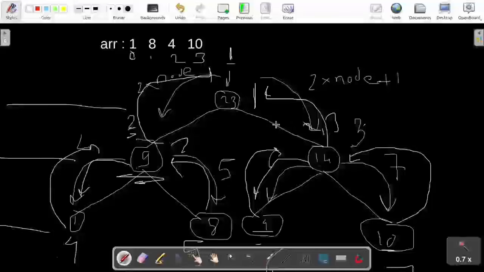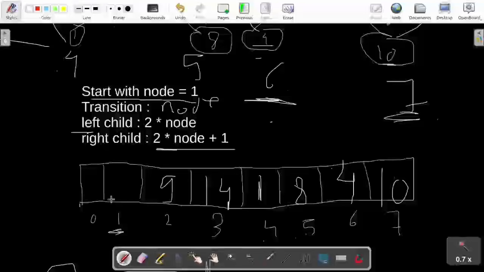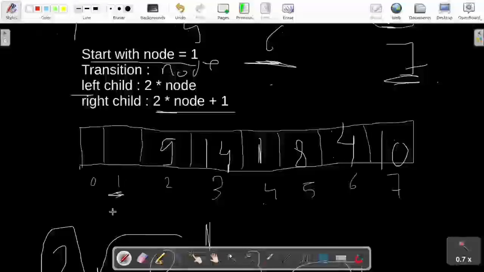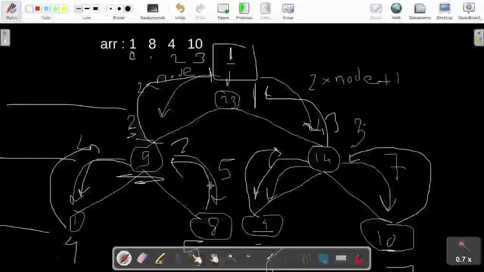Since for now the root node's left and right child have their values already calculated, we will store them at the index to which the root node is pointing. For the root node, we start from the first index, so we will store at the first index. The value is nothing but index 1 for the left child, 1 times 2, 2, 9, 1 times 2 plus 1, 3 for the right child, 9 plus 4, 13. Why 20?